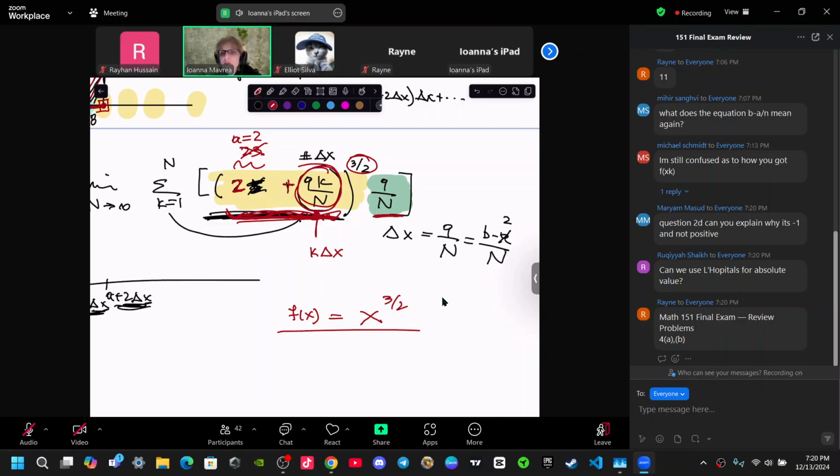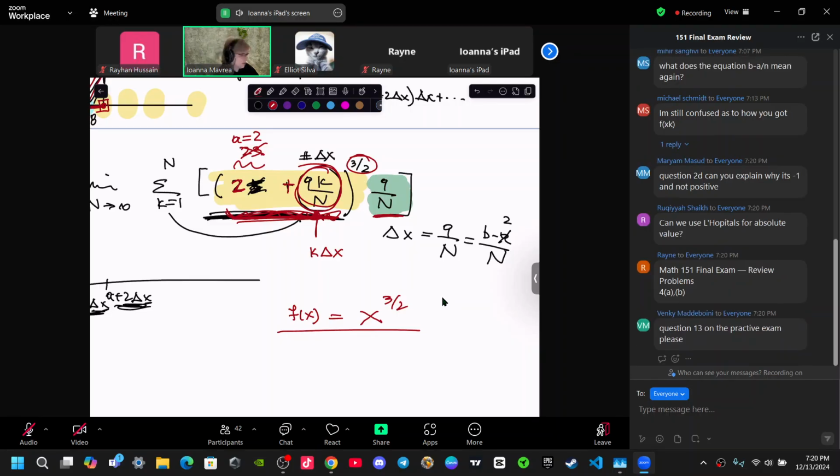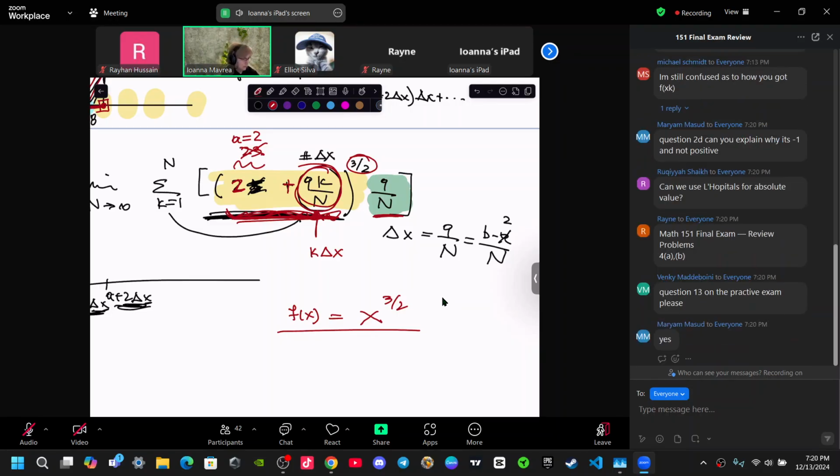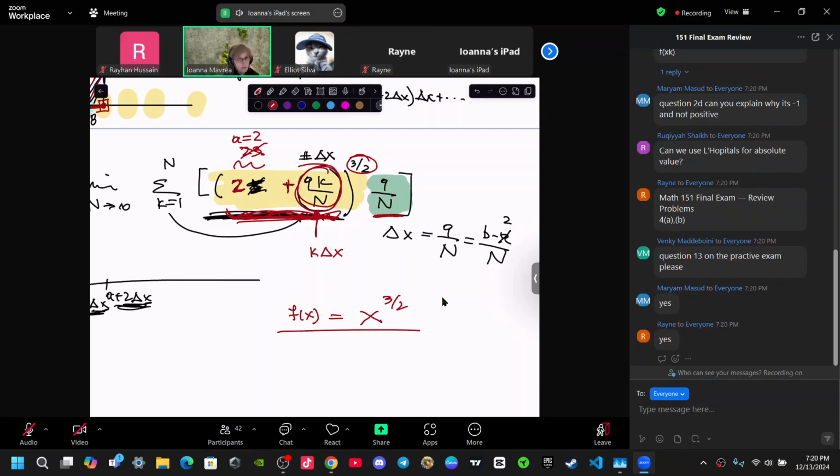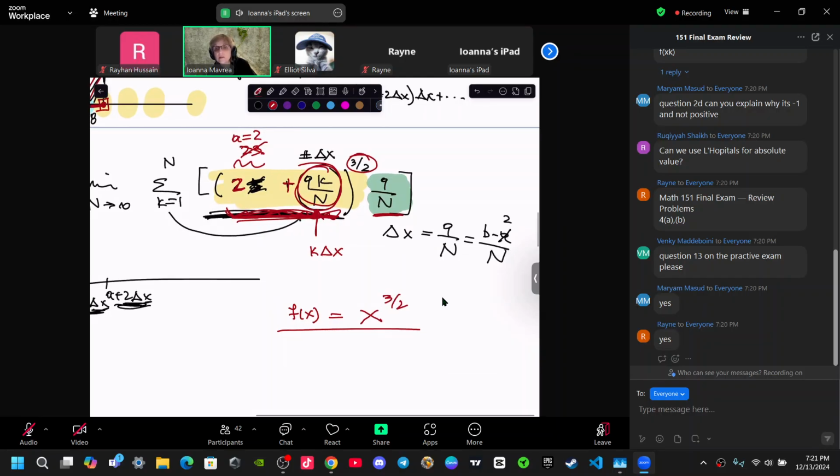So okay, let's do one at a time. Which 2D, is that in the same review? Okay, 2D. Did you say why it's not positive or why is it not negative?